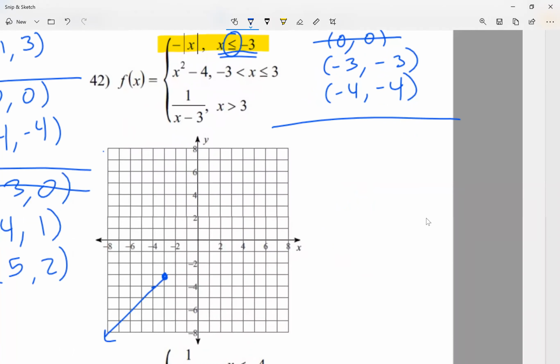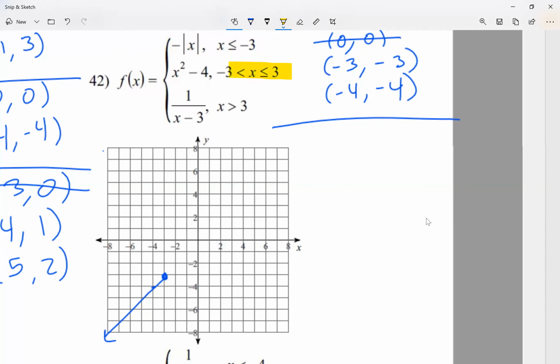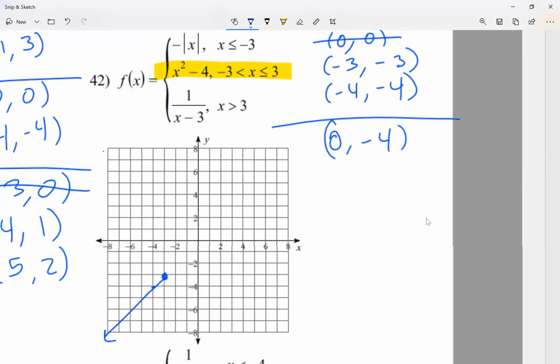Okay, I'm done with the first equation. Let me take a look at the second part. I'm expecting a U shape, right? Because the highest exponent is x squared. My vertex is 0, negative 4. Now I'm going to choose x from negative 3 to positive 3.